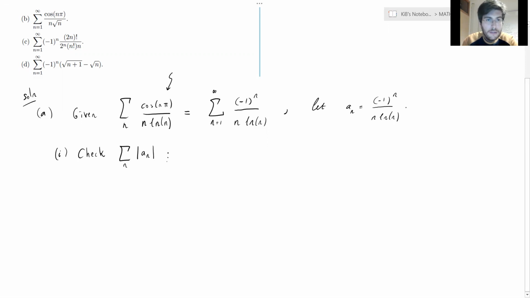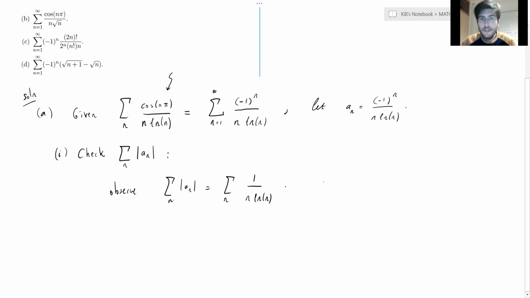So let's check. If you look carefully, we should observe that this is a series of 1 over n ln n.